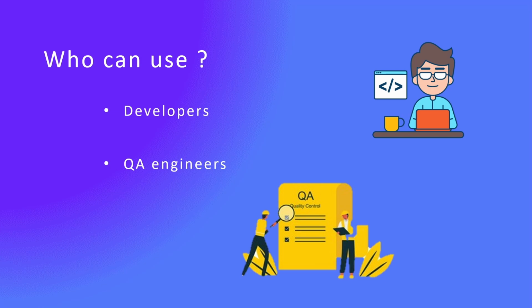So where are we going to test with Cypress? We can test modern JavaScript frameworks, whatever the framework is, like Next.js, React, and React Native. We can test only in the web browser. We cannot test mobile applications or Windows applications.